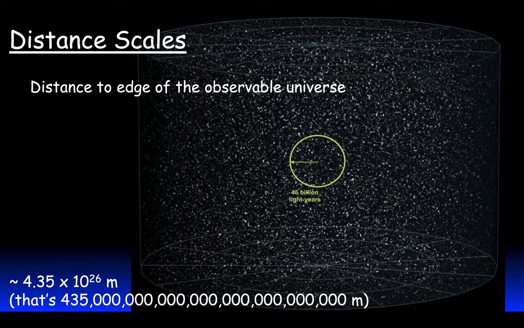Now, what do I mean by the edge of the observable universe? Well, it takes light time to travel from point A to point B. I sometimes articulate this by asking, what happens first, thunder or lightning? And I wait, and sometimes people will say lightning occurs first. And then I say, no, lightning and thunder occur at the same time, but we observe lightning first because light travels really, really fast, practically instantaneously if you're talking distances comparable to miles.